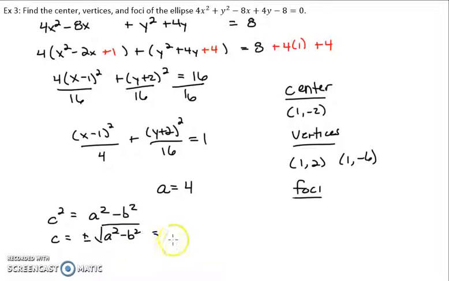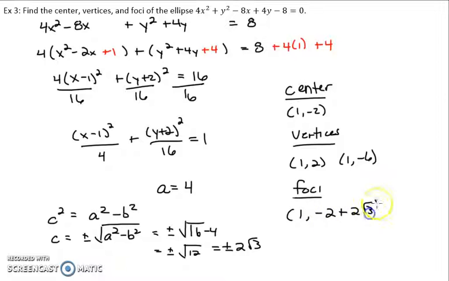So looking at what we have here, it's going to be plus or minus the square root of 16 minus 4, which is plus or minus the square root of 12, which is plus or minus 2 radical 3. So our foci are going to be at 1, comma, if we were at -2, we can go up 2 radical 3 places and down 2 radical 3 places, and those are going to be the foci.